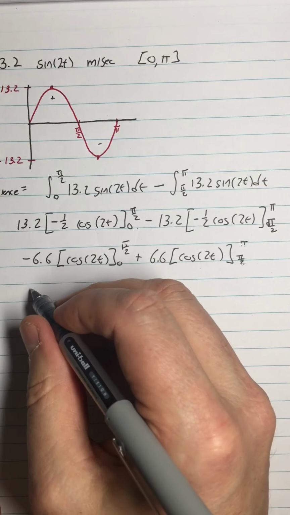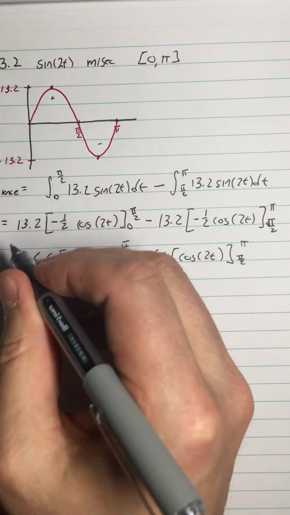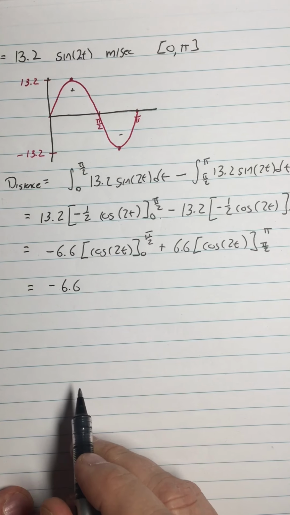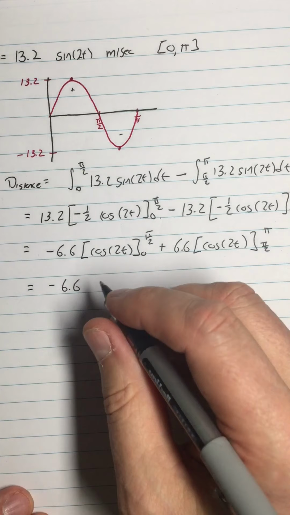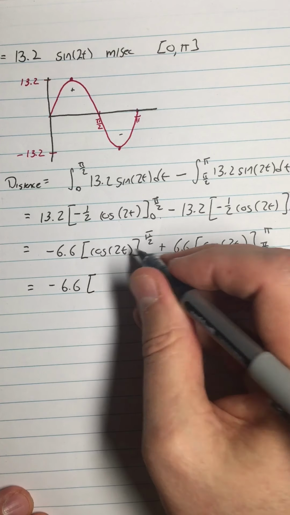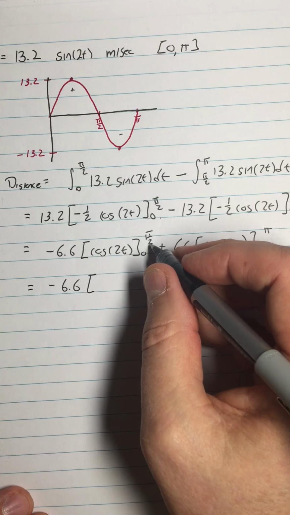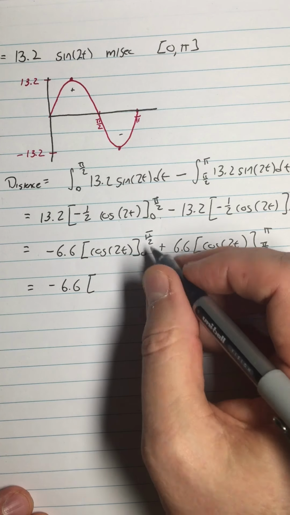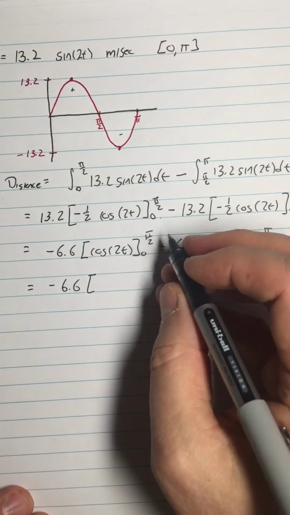So that's going to be negative 6.6. I really should have equal signs at each step here. My sentence has lacked a verb until now. All right, and then cosine of... sorry, what am I doing here? I'm doing 0 to pi over 2, right? Oh, because it's cosine of 2t.